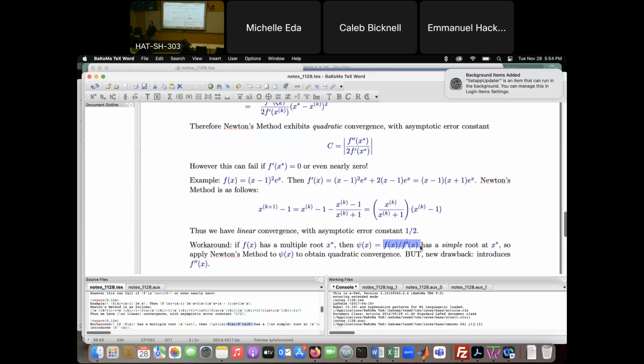The problem is, now you need to compute a derivative of psi. And if you compute a derivative of psi, this expression, using the quotient rule, then you need a second derivative. So this is already one disadvantage of Newton's method compared to other methods. You have to have a derivative. Every iteration you're evaluating f at xk and also f prime of xk.